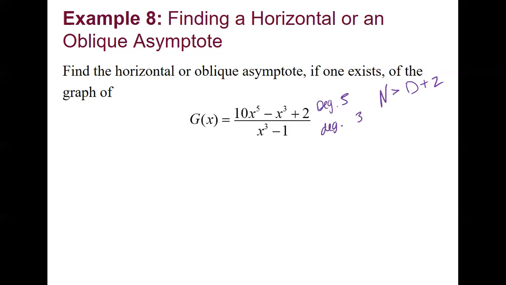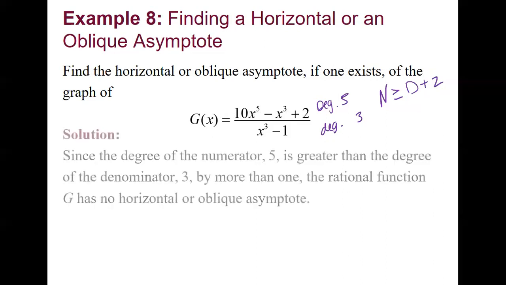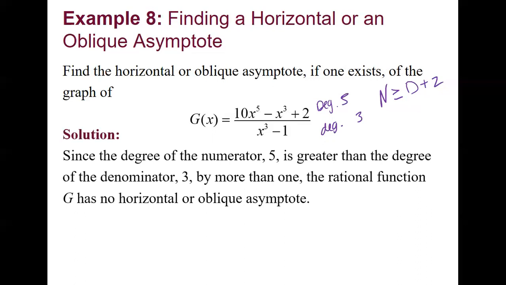It's greater than or equal to. It means that there isn't one at all. So if the degree of the numerator is greater than or equal to the degree of the denominator plus 2, that means that there is no horizontal asymptote or oblique asymptote. So no horizontal or oblique.